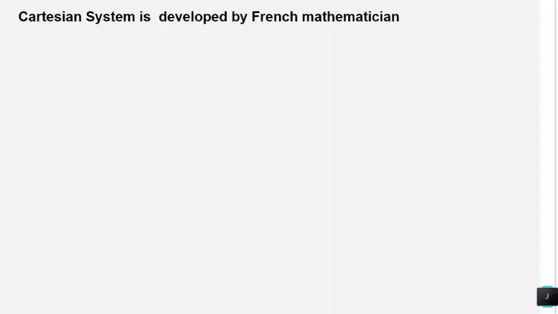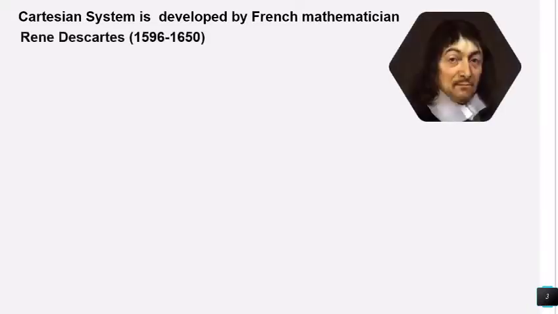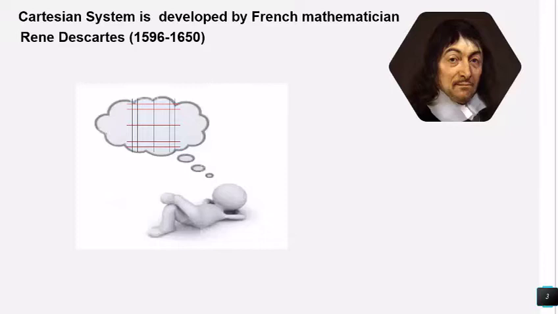Cartesian system is developed by French mathematician René Descartes. He was born in 1596 and passed away in 1650. Most of us will feel quite comfortable to sit in a quiet environment to think and find a solution. However, René found it most encouraging to lie on his bed and think.